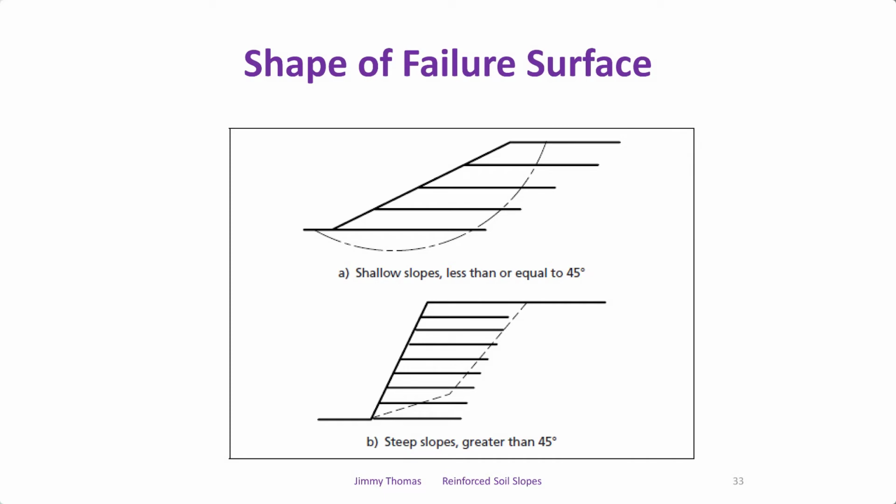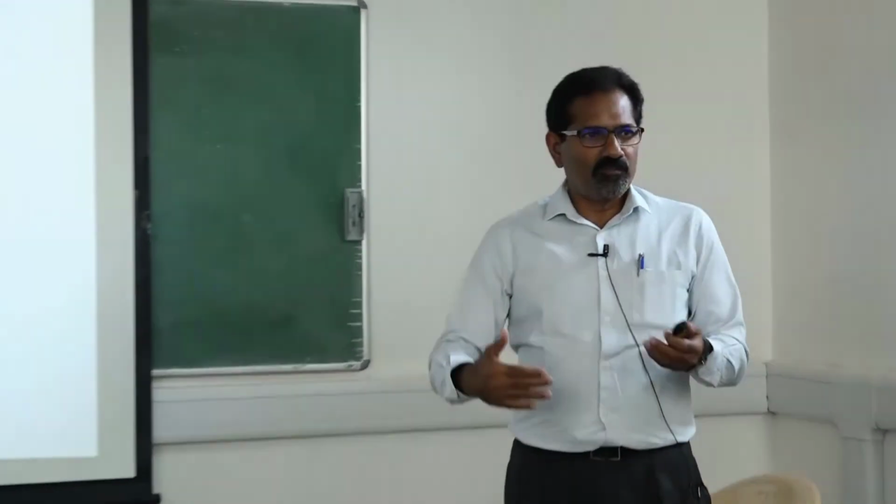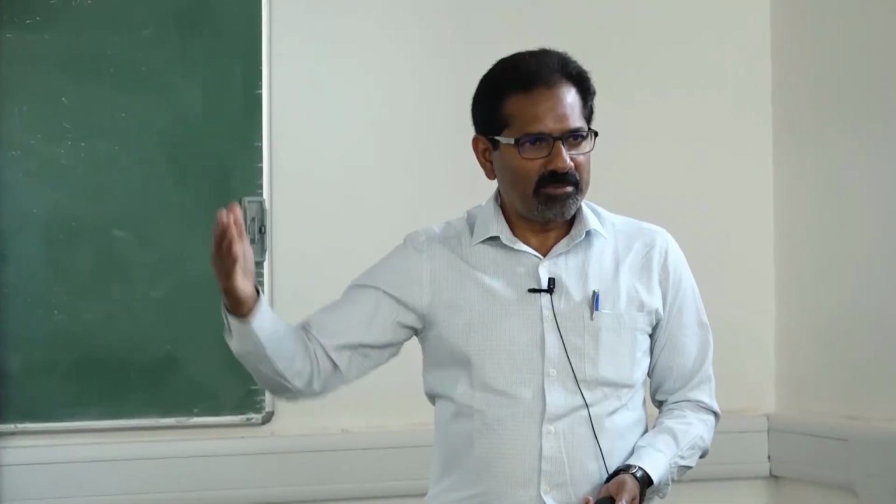Then for a flatter slope, the failure surface is more likely a circular arc or a logarithmic spiral. For steep slopes, it is a two-part wedge, but these are all approximations. We cannot force a soil to fail along a circle or a two-part plane. Depending on various reasons, the actual failure surface may vary, but it can be closely approximated by these ideal shapes.